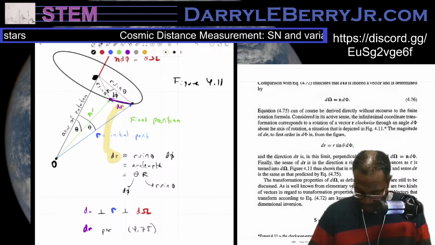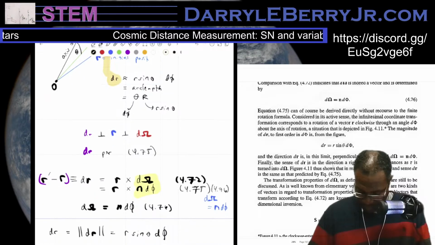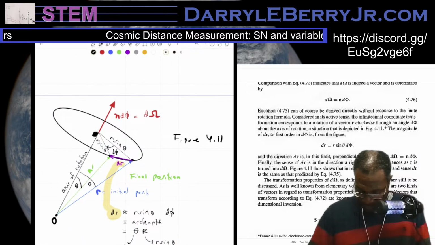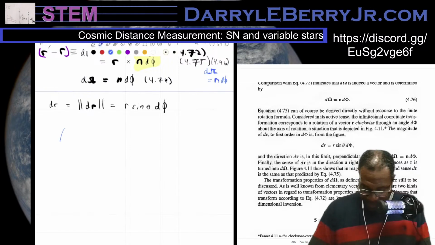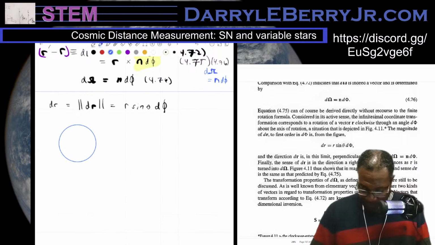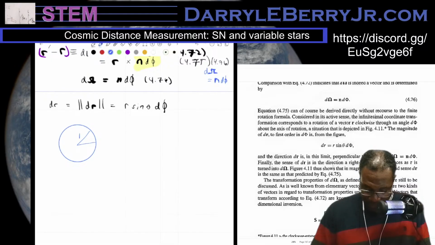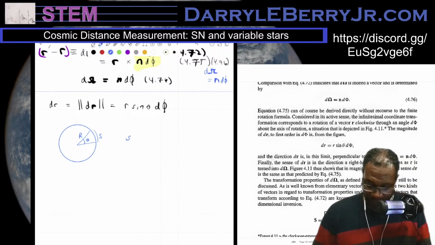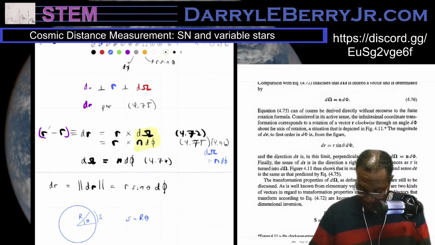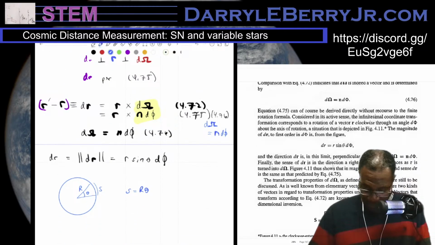Okay. Sine theta. We have a circle of radius R, we have an angle theta, and arc length S, we have S equals R theta. So it seems like this is what they're doing here.